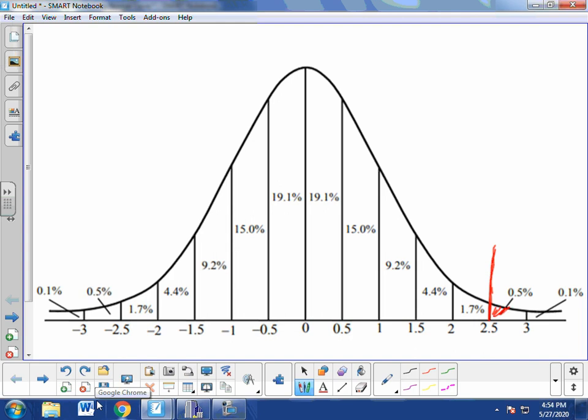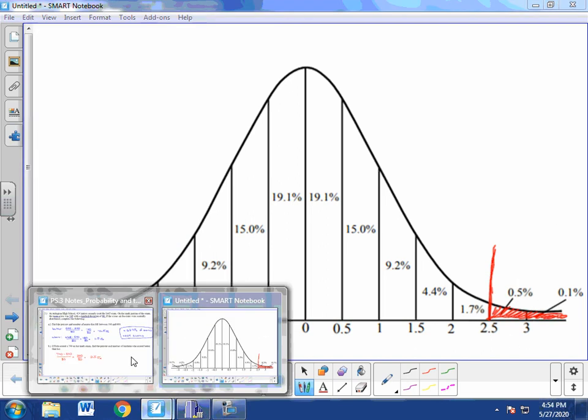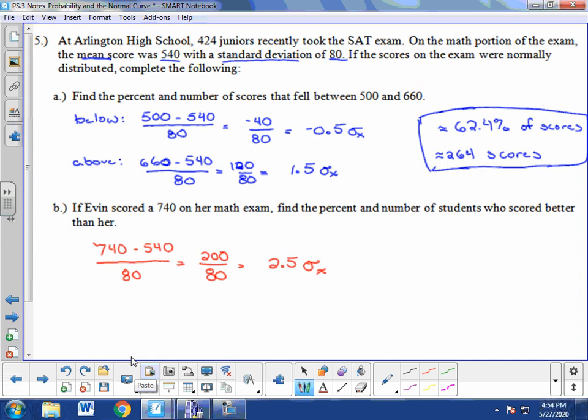So what we're looking for is the percent and number of students that lie within this region. And so we can see that is very low. It's going to be 0.5% plus 0.1%. So this section right here plus that section right there. So 0.5% plus 0.1% would be approximately 0.6% of students scored better than she did.